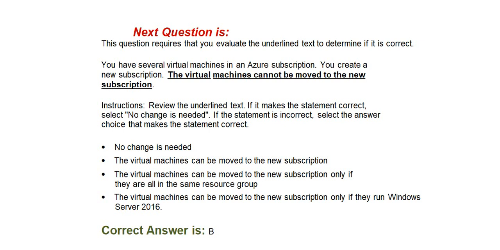Option C, the virtual machines can be moved to the new subscription only if they are all in the same resource group. Option D, the virtual machines can be moved to the new subscription only if they run Windows Server 2016. Correct answer is option B, the virtual machines can be moved to the new subscription.